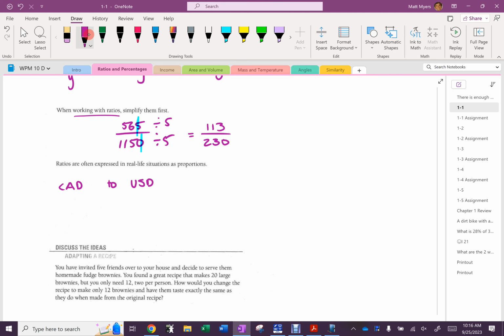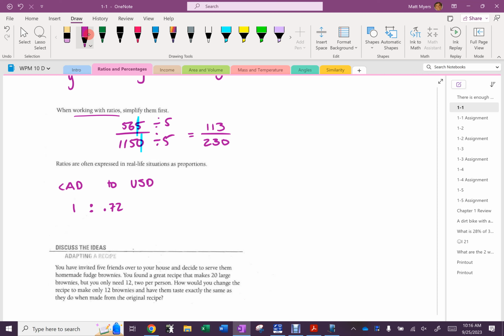Now, I don't know the exact comparison right now, and I'm not going to look it up, but it's about 71 cents. So 71 cents in US is $1 in Canadian.